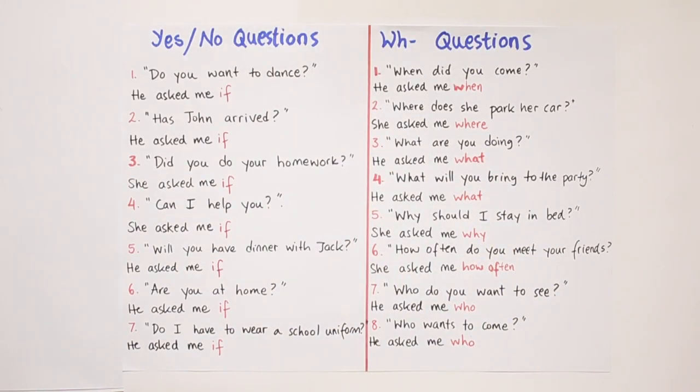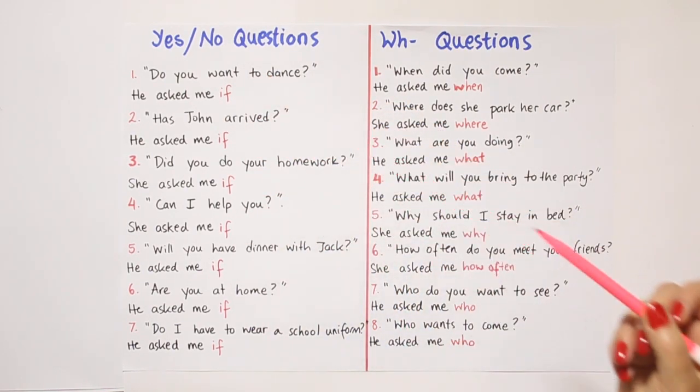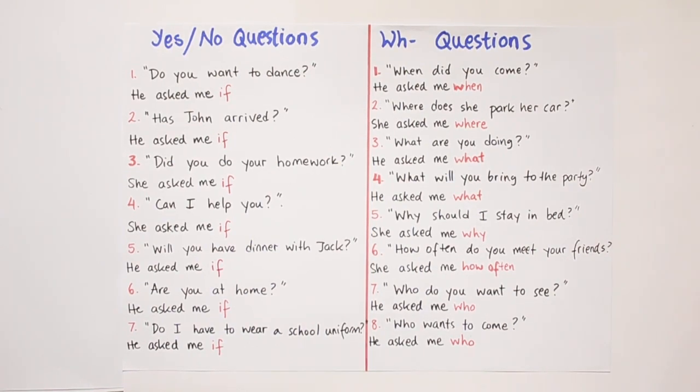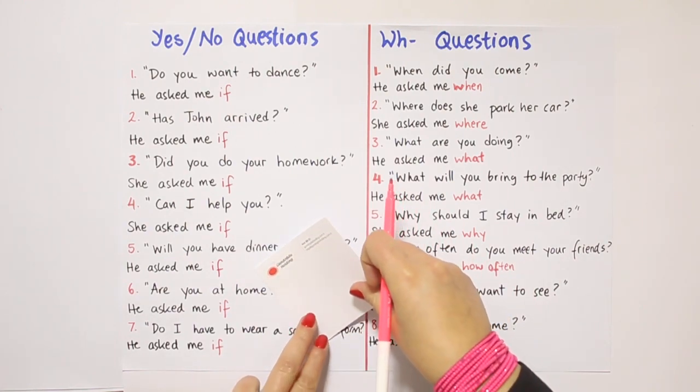This is our last page, so we'll be doing some exercises. Do you want to dance? All right, what kind of a question is it? Yes, these are all yes-no questions. So, do you want to dance? If I make this a positive sentence, how do I answer it?